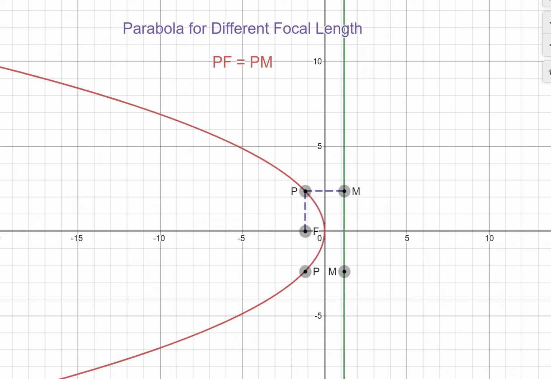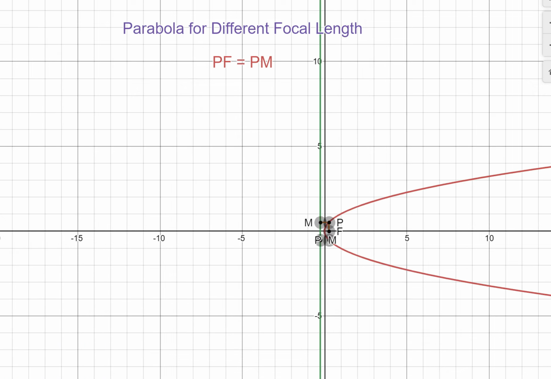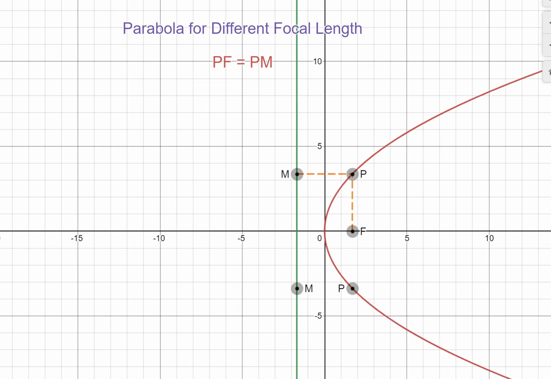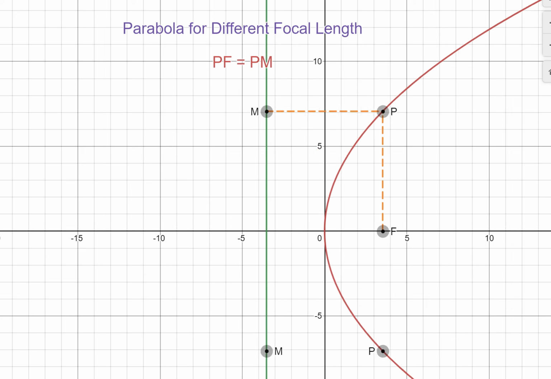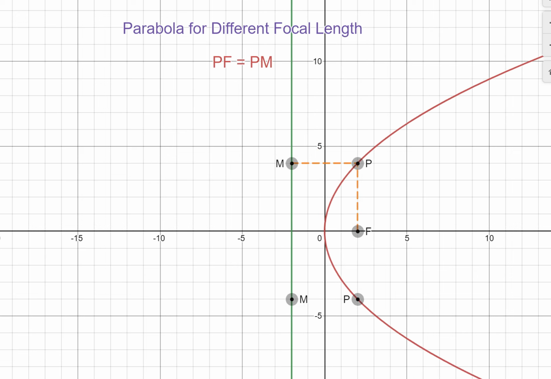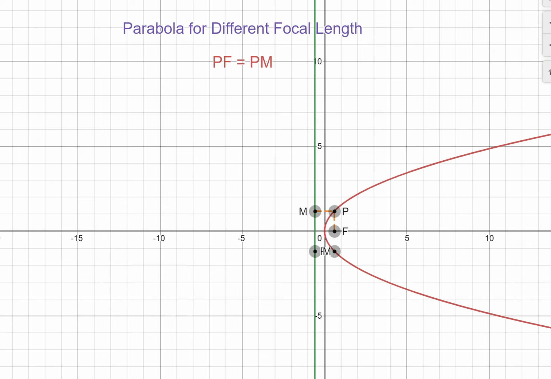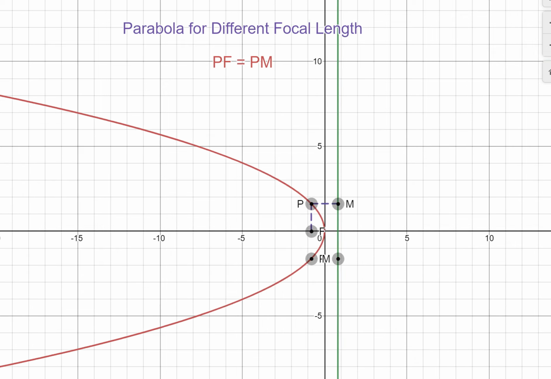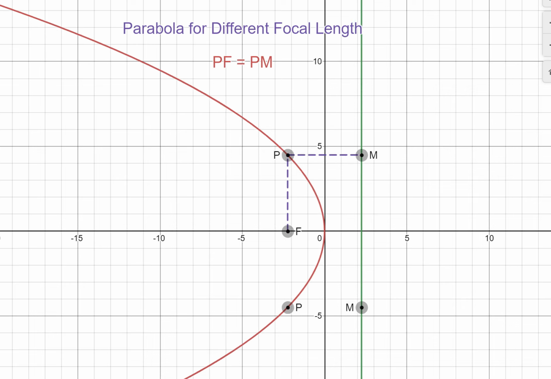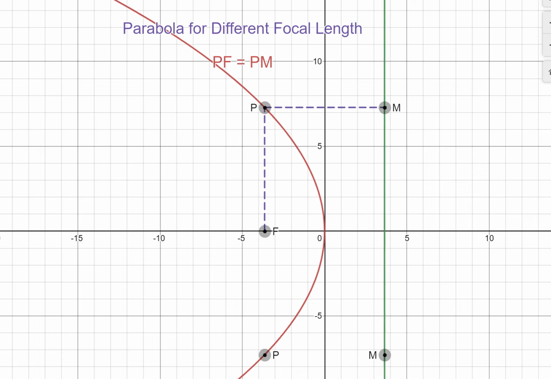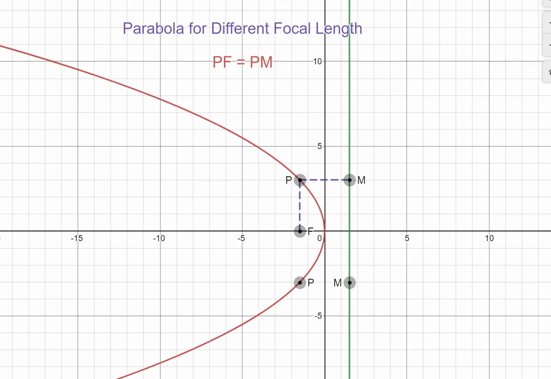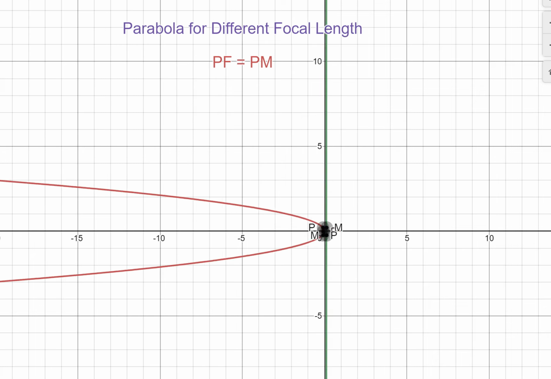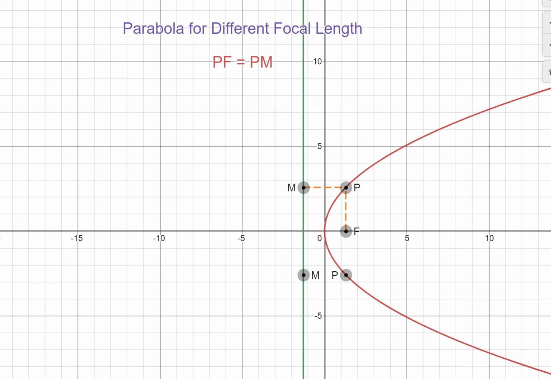As you can see in the illustration, a parabola is the locus of points which are the same distance from a point and a line. The point is called the focus, which is shown here with F. And the line is called the directrix, which is shown in green.